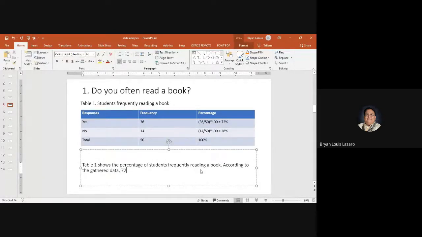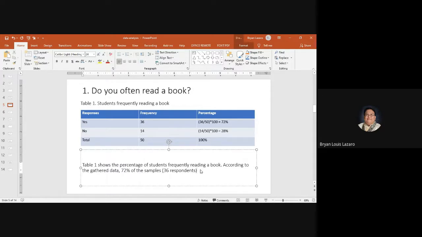72% of the samples, tapos lagyan nyo ng quantity, 36 respondents. Bakit may 36 respondents akong nilagay? Yun po yung mga nag-respond po ng yes. Very good. Siya yung numerical quantity, exact quantity noong 72% para mas maging malinaw.